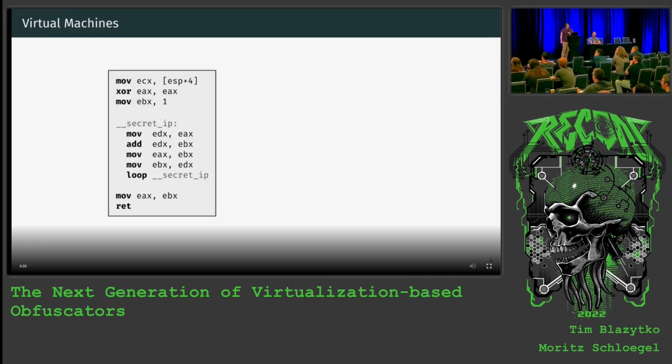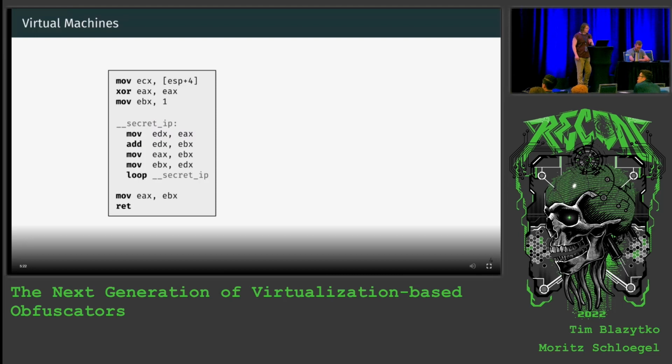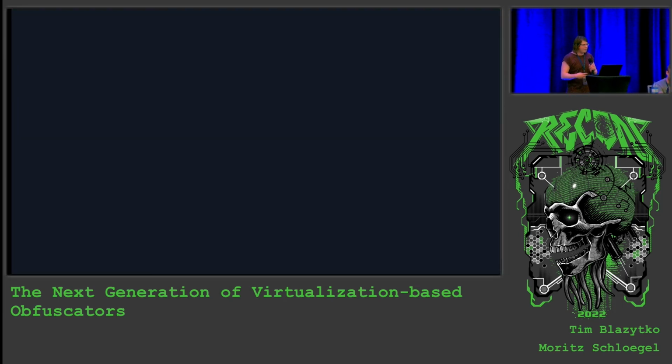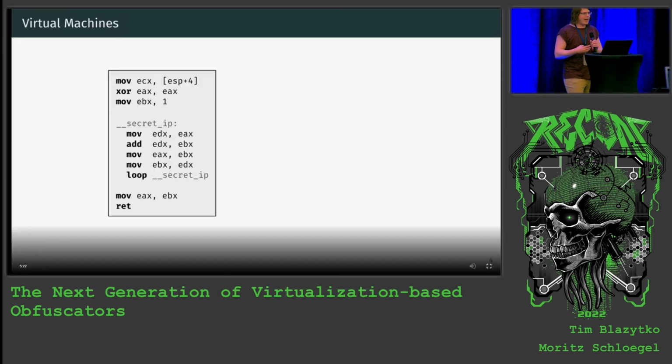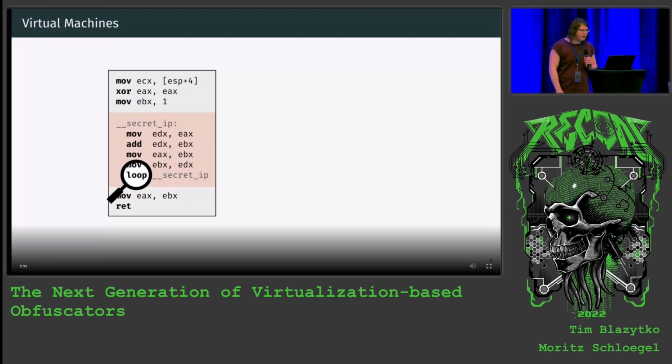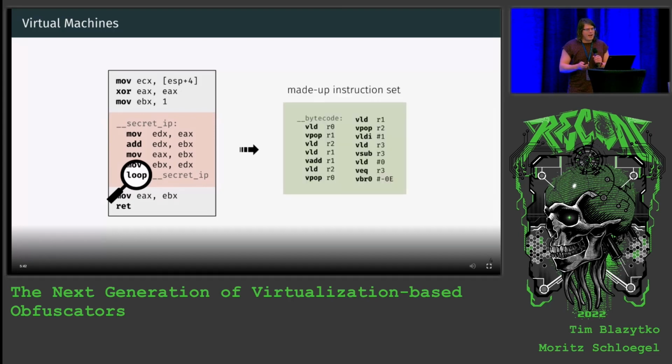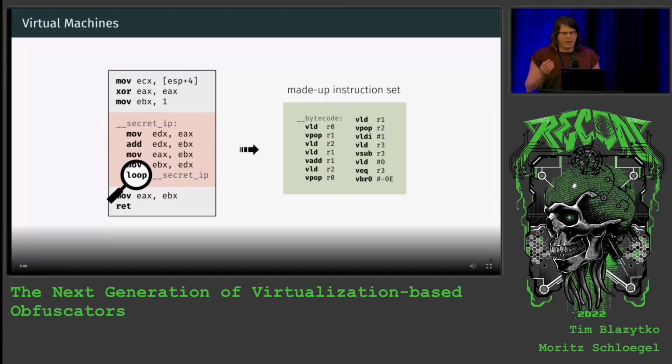So think about, we have a piece of code which we want to protect. If we wouldn't protect it, we can just look at it in IDA and reconstruct it. To obfuscate that, we first translate this piece of instruction sequence into a made-up instruction set, like a virtual machine that just has a custom instruction set architecture, and we rewrite the code in this new VM.